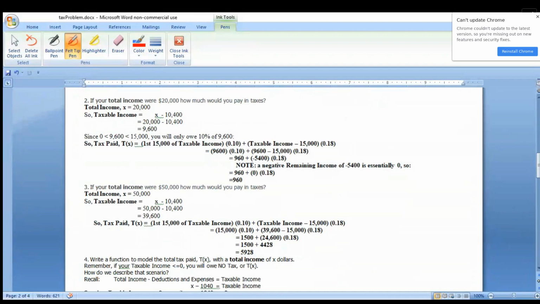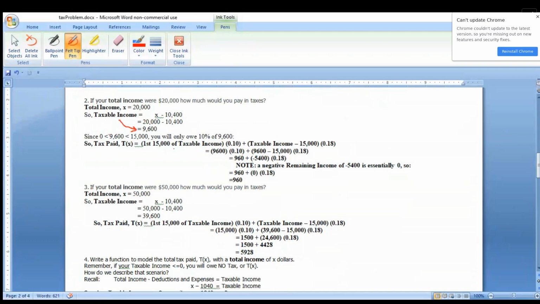Since 9,600 is bigger than 0, but less than 15,000, we know we're going to use the left side, because it says tax paid is the first 15,000 of your taxable income times 10%.